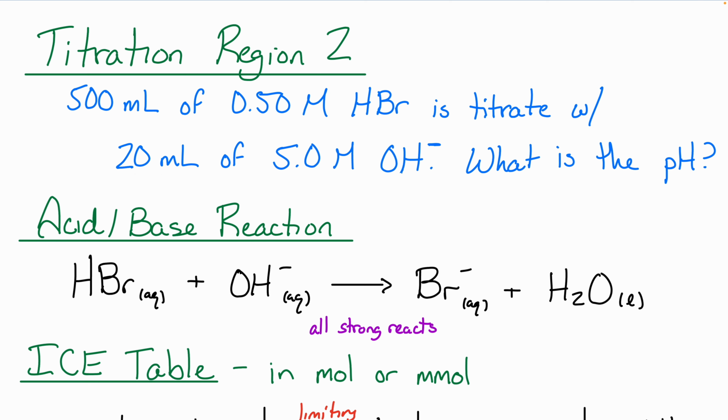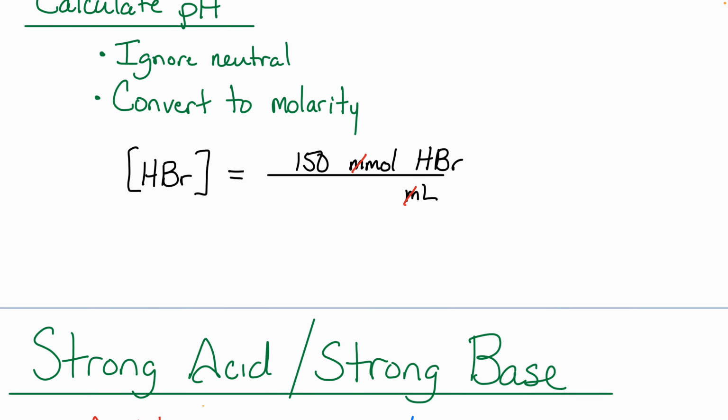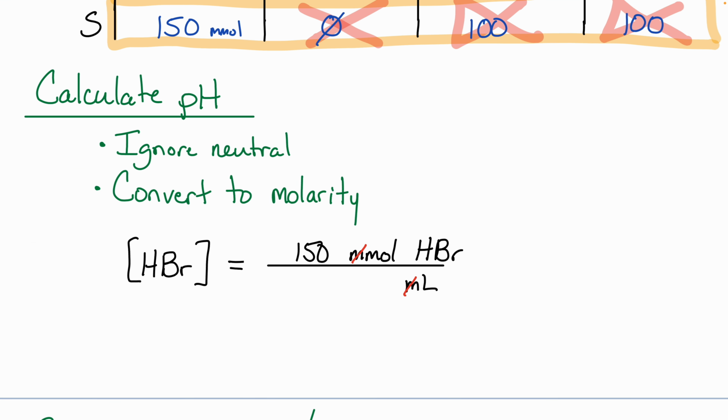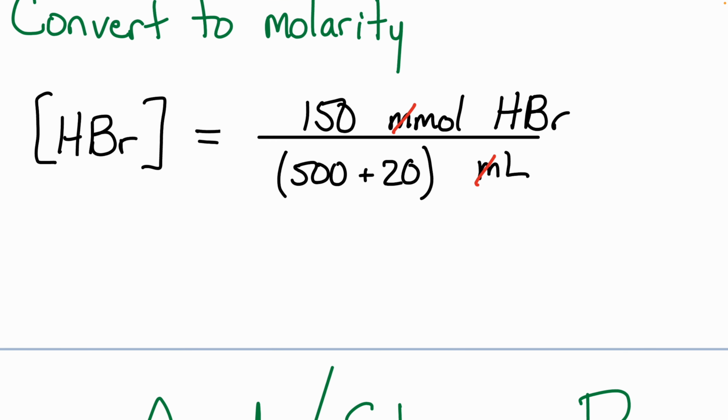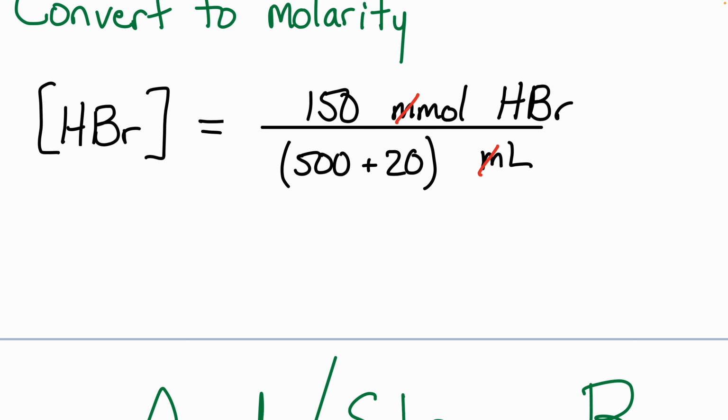So our new volume is the 500 we started with plus the 20 that we added. I'm going to just write this out the long way here. Our initial plus the titrant added will give us our total volume.